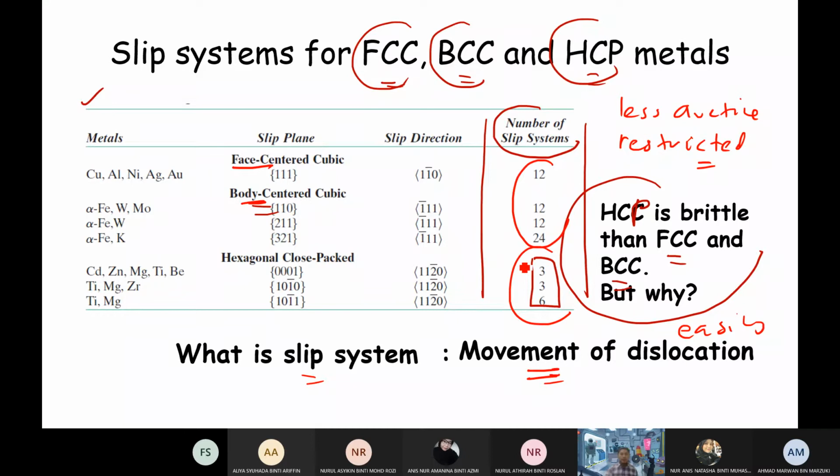If we have a larger number of slip system, we have ductile material lah, because dislocation can move easily. But if we have a less number of slip system like what we have for HCP material here, then our material become brittle.